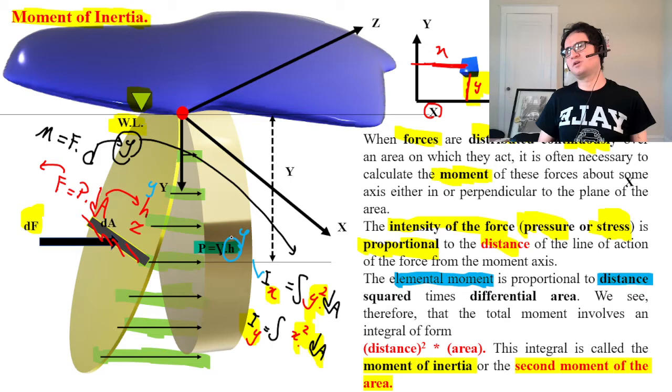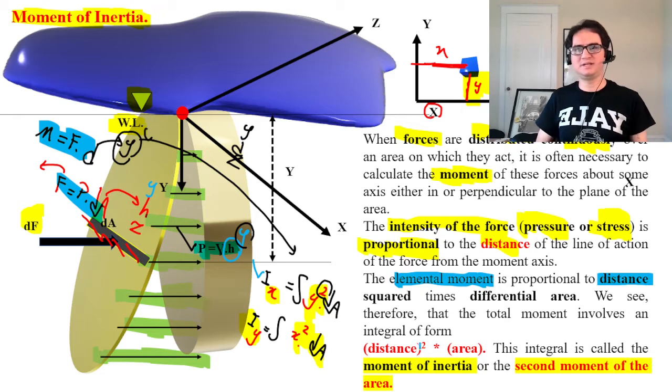So one of the y's comes from the pressure formula, and the other y, you can call it y or z, whatever, but you should be consistent for both of them. So that's y squared. One of the y's goes by the nature of force and pressure, the other y goes by the moment. So that's Ix, the integration of the distance to the x-axis and then y squared dA.